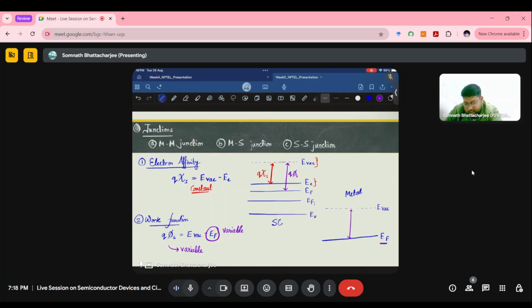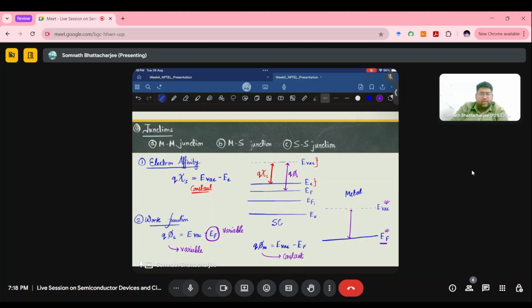So for a metal we can write qψm as E vacuum minus EF. This is constant for metals. So we get to know that the work function for a metal is a constant term, and the electron affinity for a semiconductor is also a constant term.